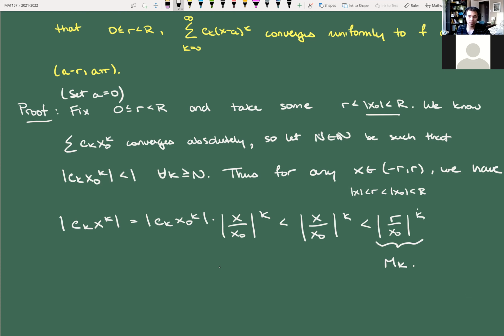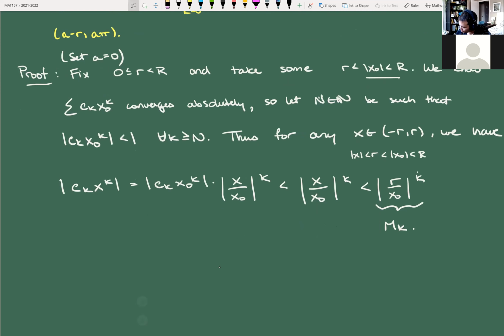So what we've done here is we're looking at the individual components of this infinite series, right? And now I've bounded each of these by this number m sub k. And the m sub k's do converge, right? So we've bounded c_k x to the k by the constant, right?